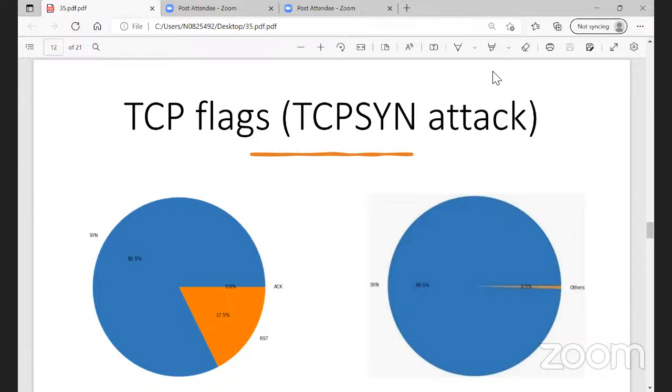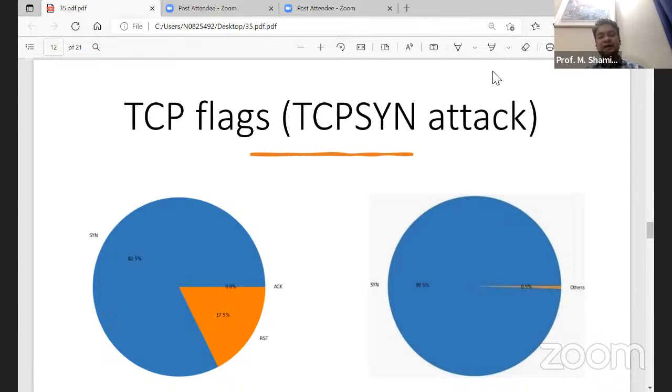Sorry, I didn't get the question. So you mean when the attack comes in? Yeah. So the TCP flag as well as the sequence number can also change due to the worse network condition, right?